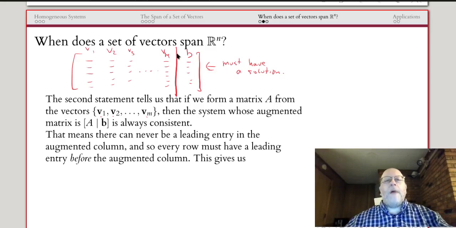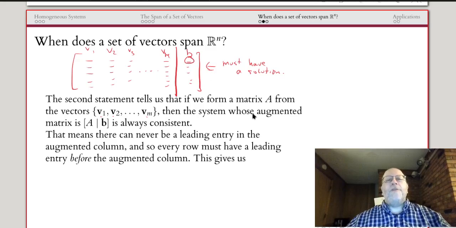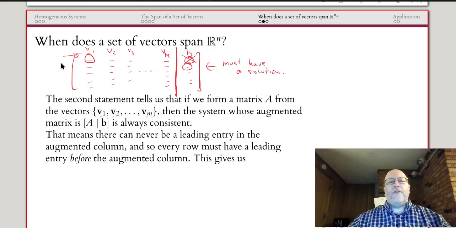Well, if that must have a solution, then this entry in b cannot be a leading entry. And that must mean that we have a leading entry before we get here. This row has a leading entry, but it's not here. And then this entry can't be a leading entry. But that means that this row has to have a leading entry before we get to b.